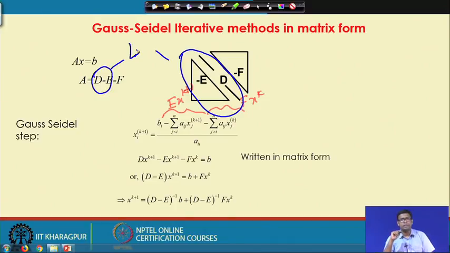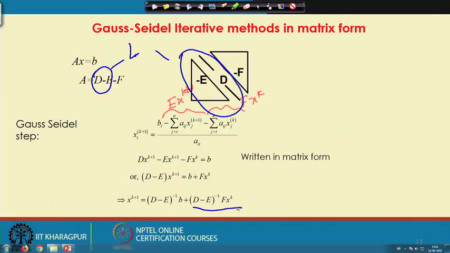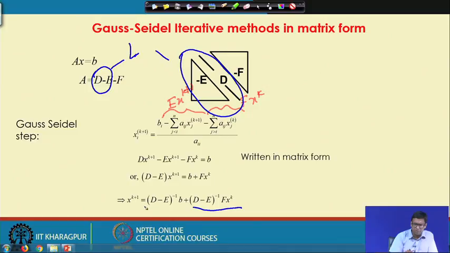So, both Gauss-Seidel and Jacobi can be formed as a matrix equation in which x_(k+1), or the updated x vector, comes out as some inverse multiplied with another matrix into x_k plus some inverse multiplied with the b vector.